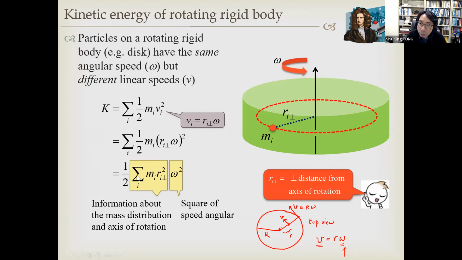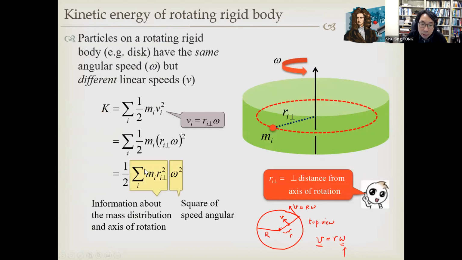So we nicely separate the kinetic energy into two factors. One factor depends on the object shape, the object mass distribution and the rotation axis, and the other factor depends on how fast the object rotates. So I successfully separate the information about how fast the object rotates from the information about the shape of the object.